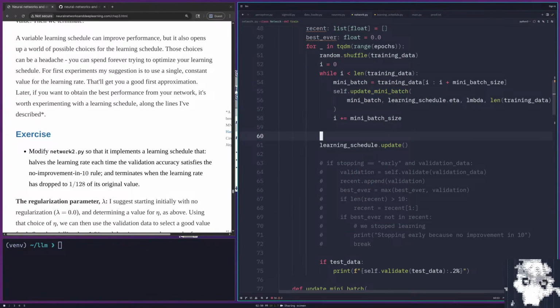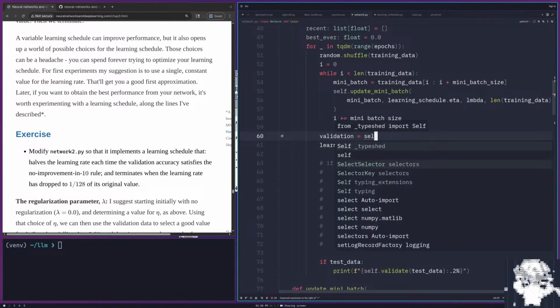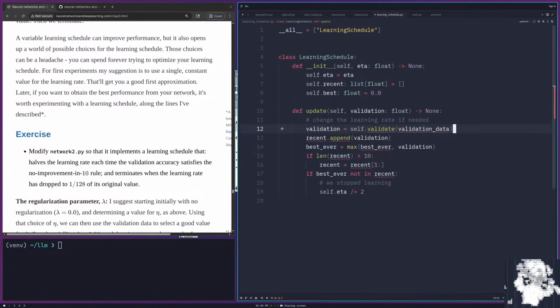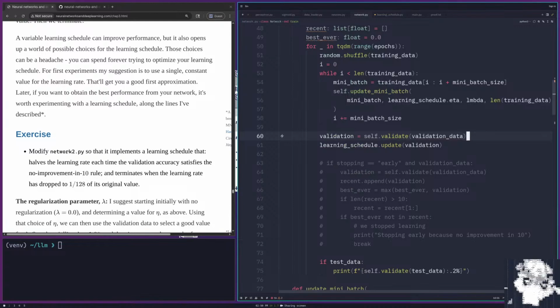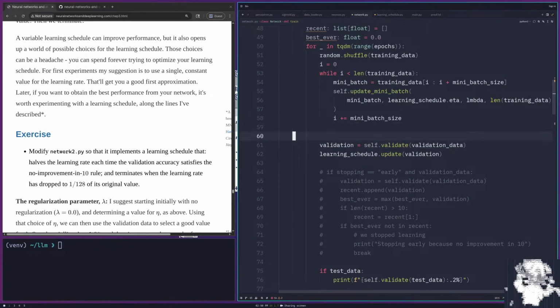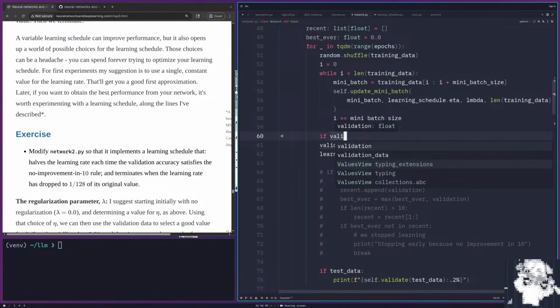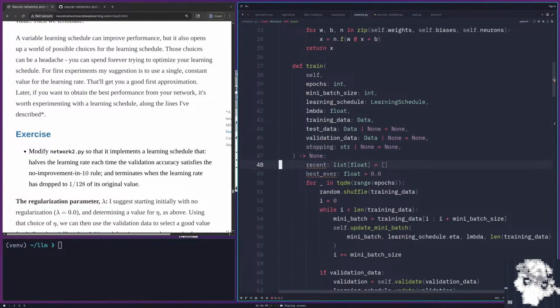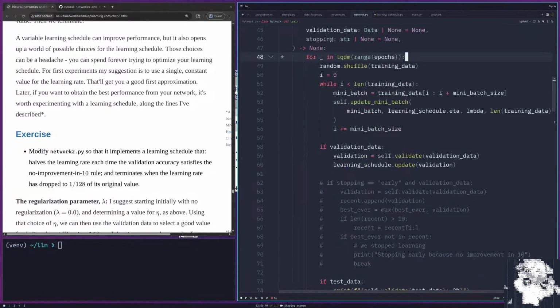So here we might need to pass in validation. Validation equals self.validate validation data. If validation data. Okay, you don't need to remember the recent and the best ever.